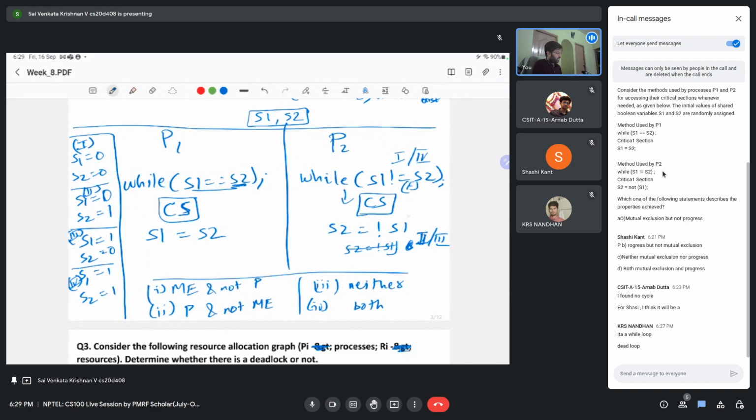That is nothing but not of S2 itself, you can see, because this will be false. When it enters the critical section, S2 will be equal to S1. So in this case, S2 is not of S2. We are just negating whatever S2 has.